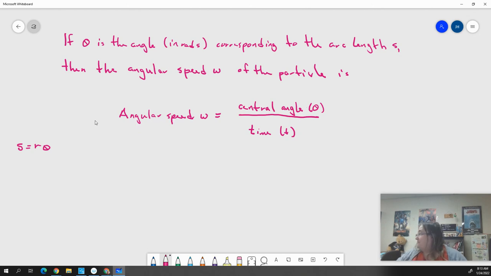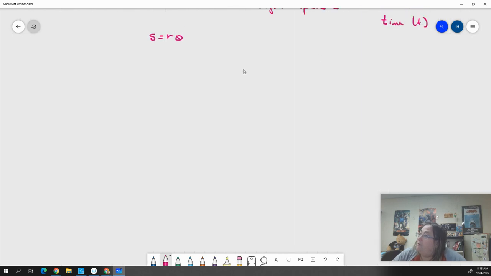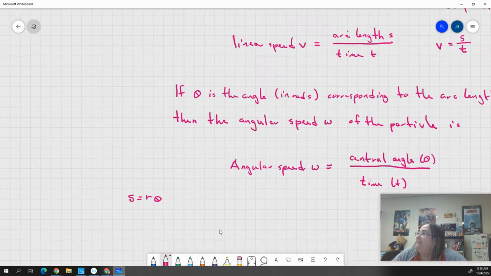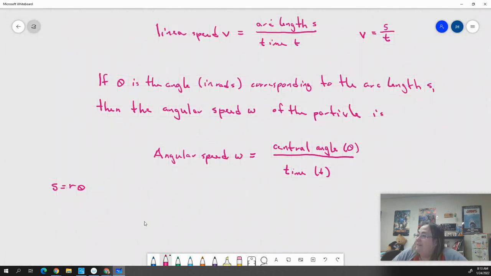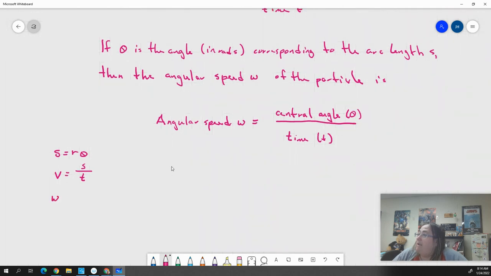And then now we have the linear speed V, equals arc length over time, and now we also have that W, our angular speed, that's omega, equals theta over time.